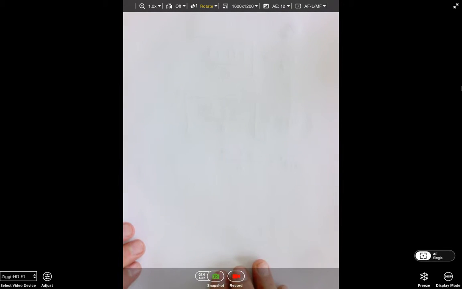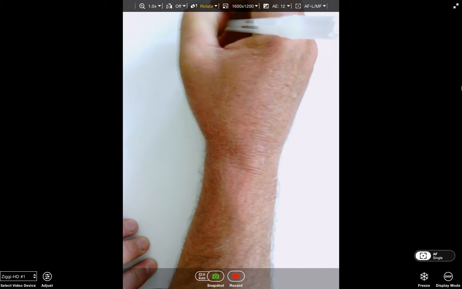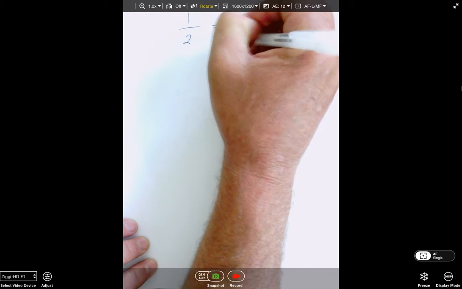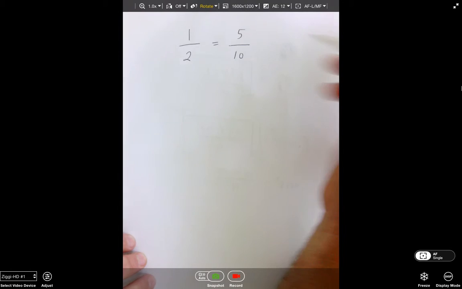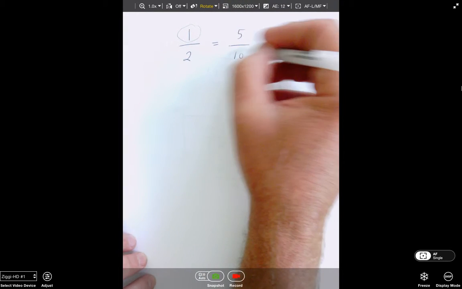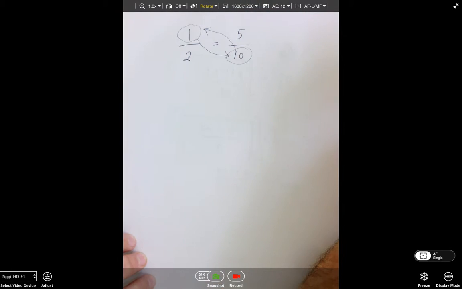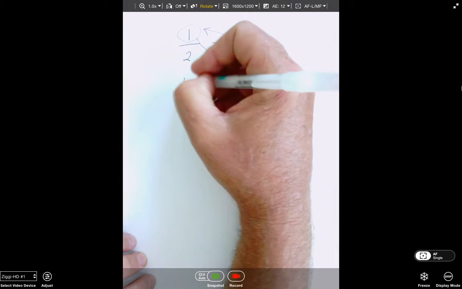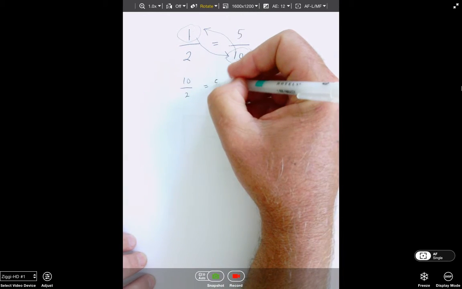There's a trick in statistics that says if you have a fraction equal a fraction, so we all have to agree that 1/2 is the same thing as 5/10. This property says that these numbers on the diagonal, we can interchange those and we don't violate the equality. So I can take that 10 and put it up here. And I can take that 1 and put it down here.